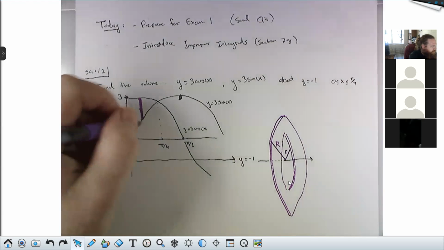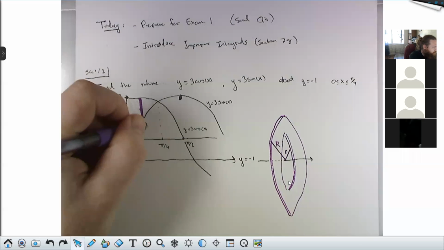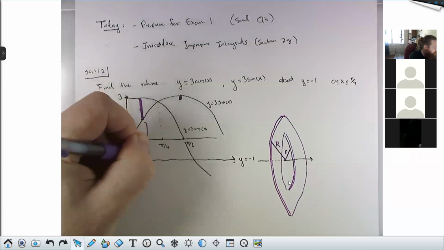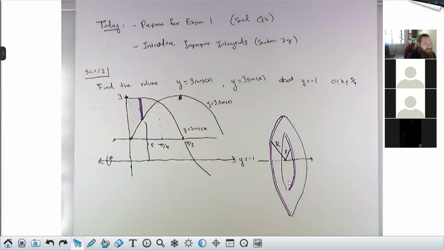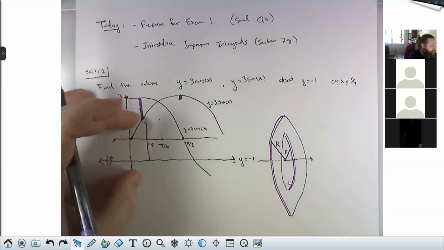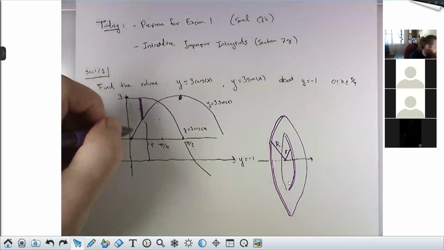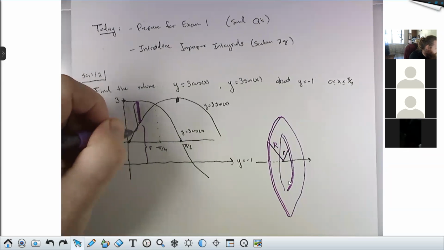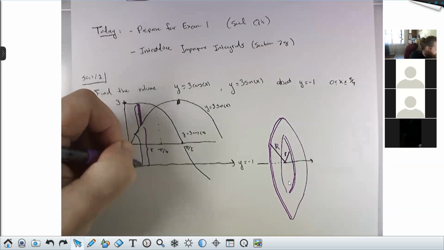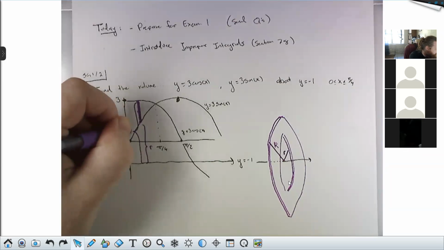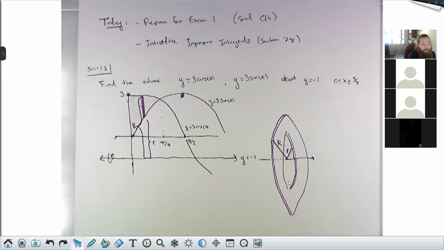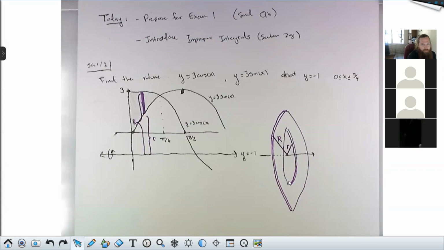In this picture, the inner radius is this distance, the gap from the near end of the strip to the axis of rotation. And this would be that outer radius, the distance from the far end of the strip to the axis of rotation.